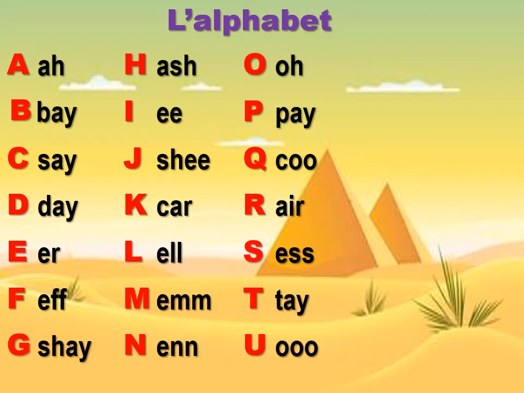U. U, slightly different from the English. Then V, it's another D-Day letter.